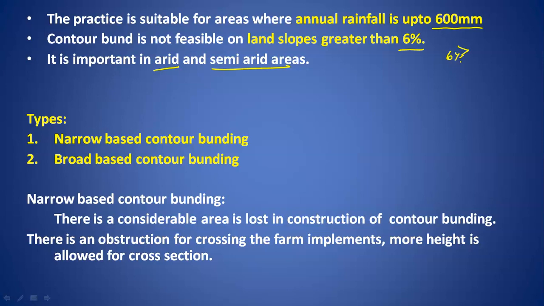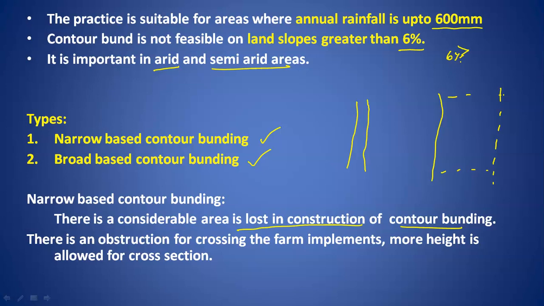There are two types of contour bunds: narrow-based contour bunding and broad-based contour bunding. In narrow-based contour bunding, area is lost in the construction of the bund. More area is lost because we need more space to construct it.